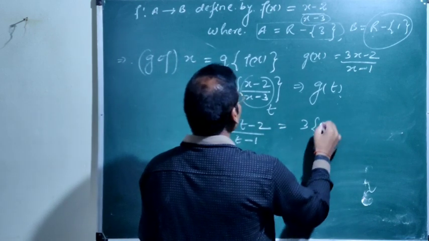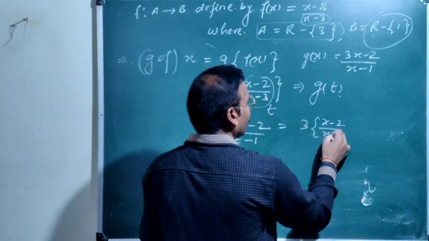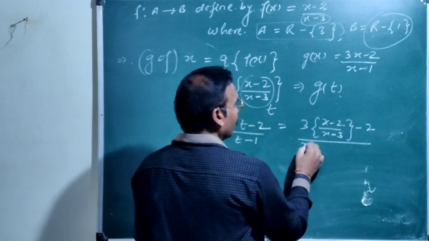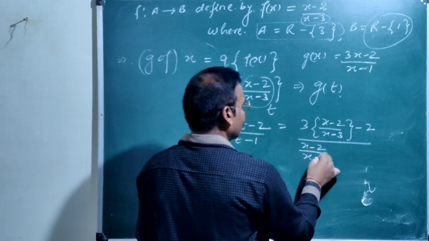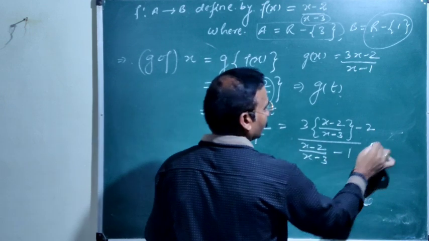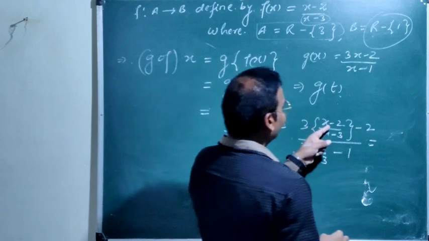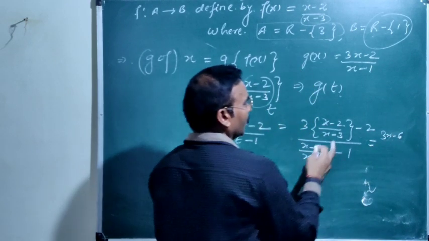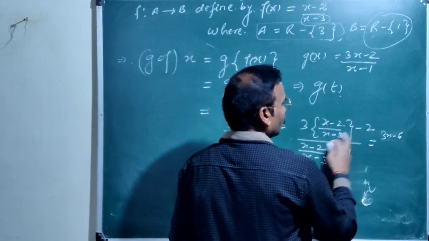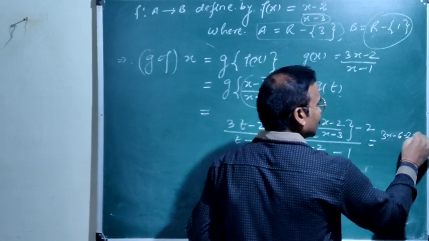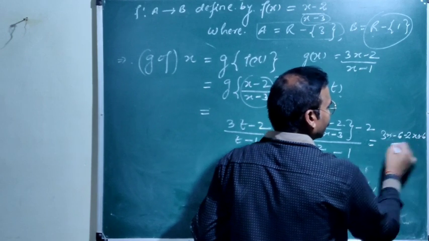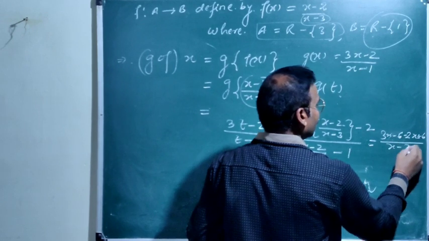3 times (x minus 2) upon (x minus 3), minus 2, whole divided by (x minus 2) upon (x minus 3), minus 1. Now 3x minus 6 minus 2x plus 6, whole divided by x minus 3.